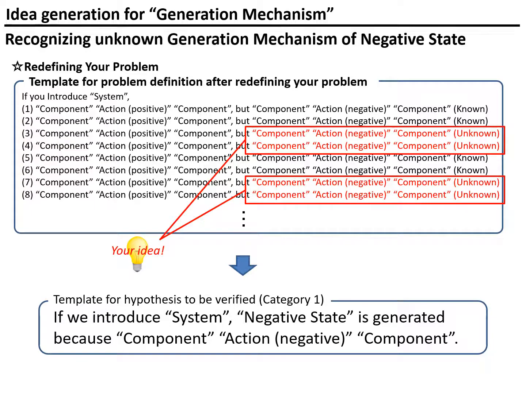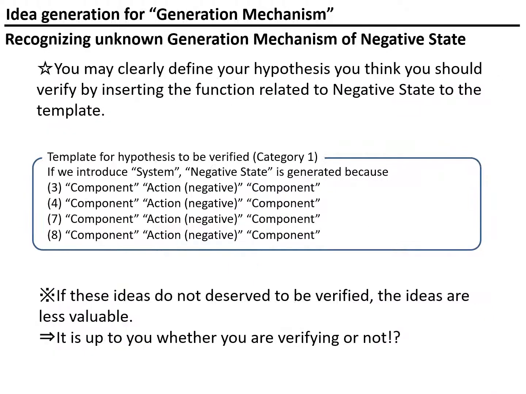So let me use the template to define your idea of hypothesis, which belongs to category 1. If we introduce system, negative state is generated because component acts on component. So this is how you could define an idea in category 1.